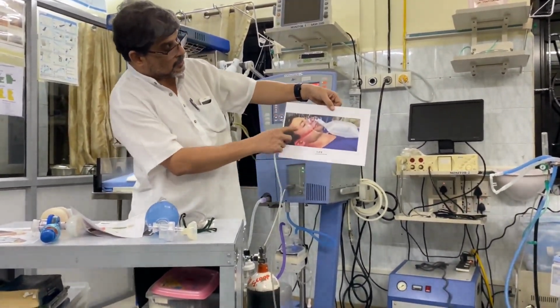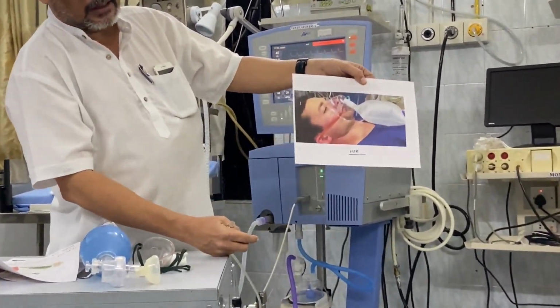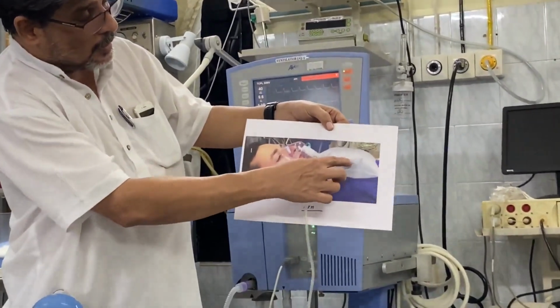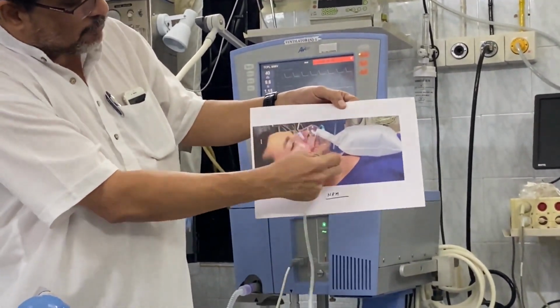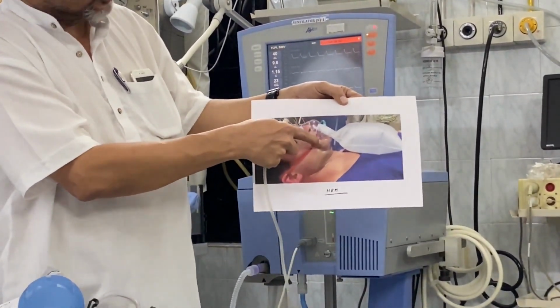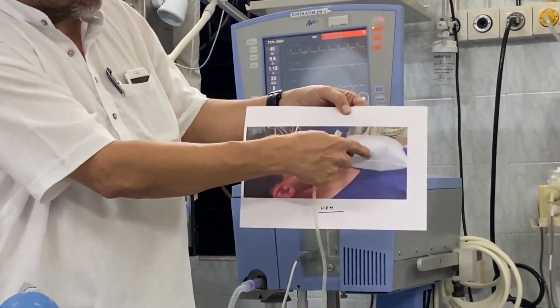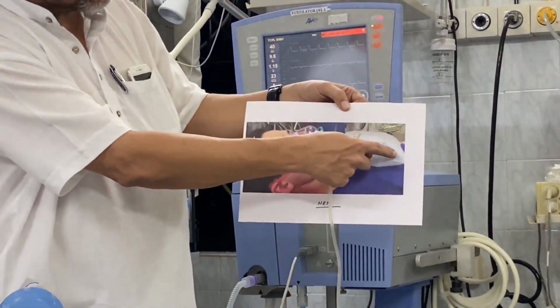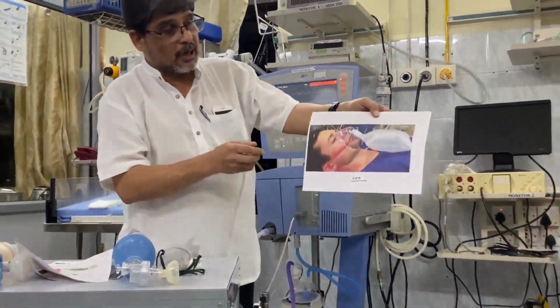It is a special type of mask with a bag attached to it. The patient breathes oxygen through the bag, and when he breathes out, side flaps open up and allow you to breathe out through the side flaps of the mask. So you do not breathe expired air, whereas you breathe pure concentrated oxygen through the bag. This is known as NRM, non-rebreathing mask.